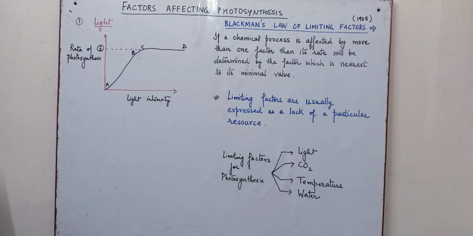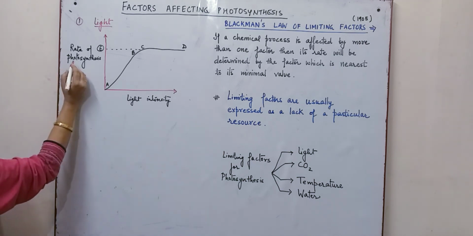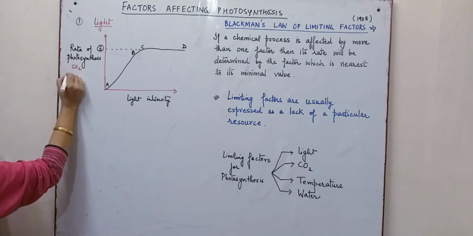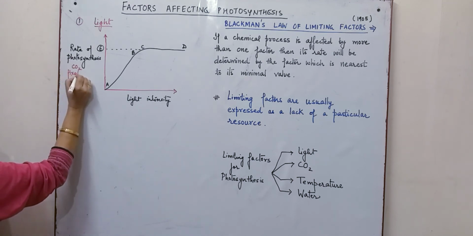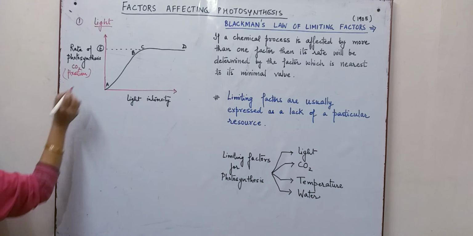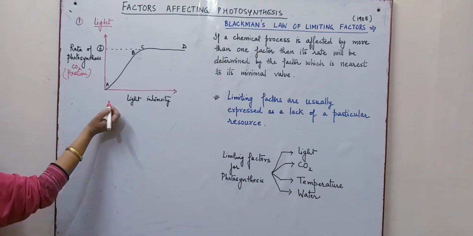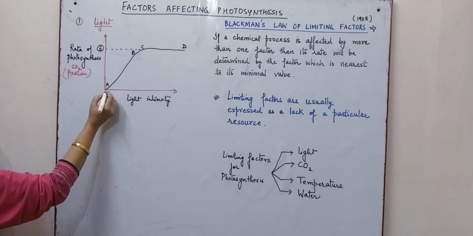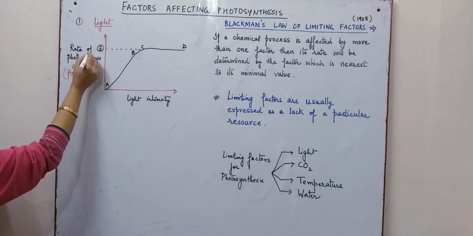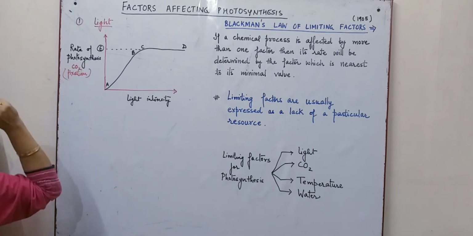Now, if you observe over here, there is a linear relationship between the carbon dioxide fixation and the light intensity. What does this mean? This means that as the light intensity increases, the rate of photosynthesis also increases.